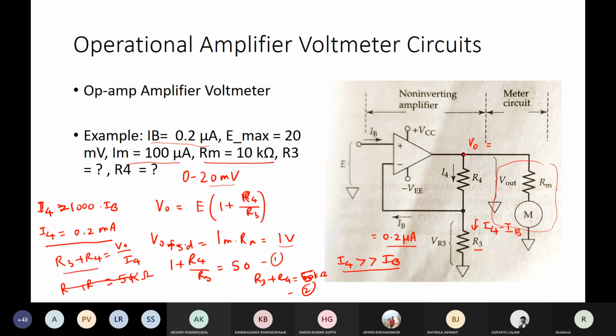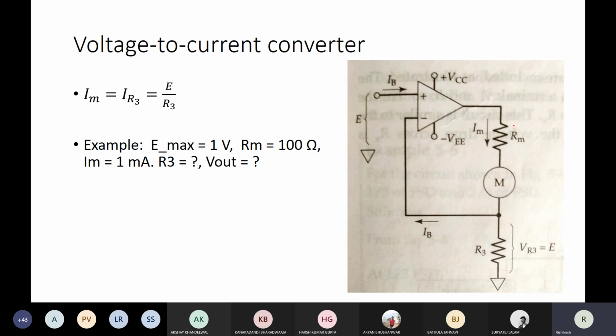Noting that the meter deflection is proportional to the meter current, one can easily replace the feedback resistance with the meter itself. In fact, this is also a non-inverting configuration.